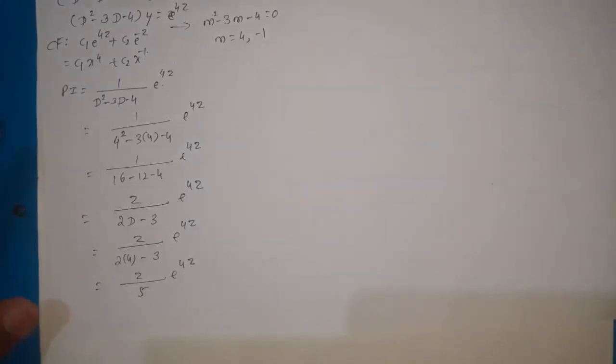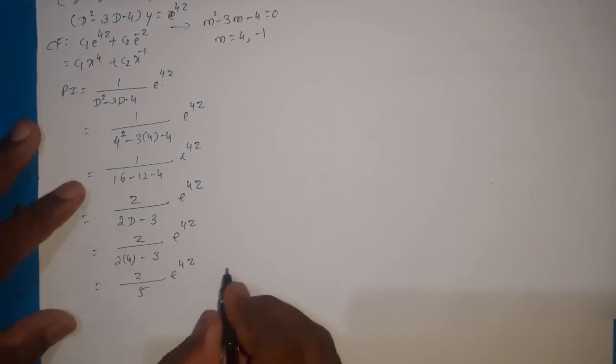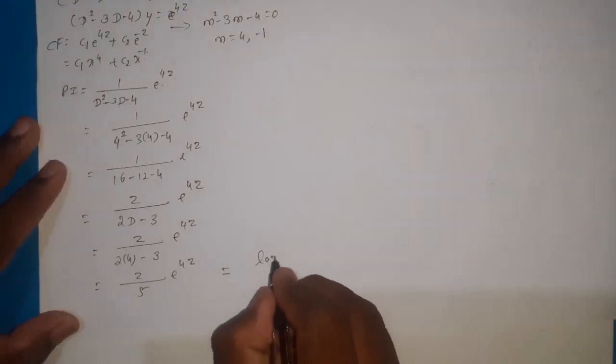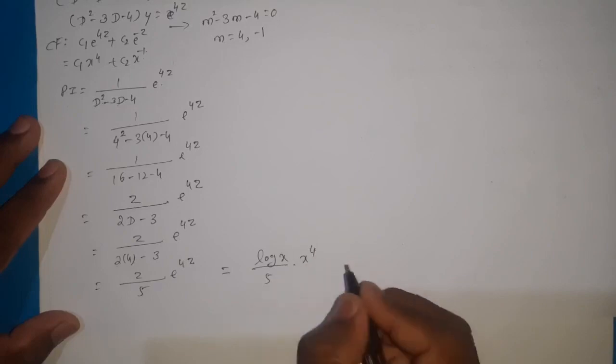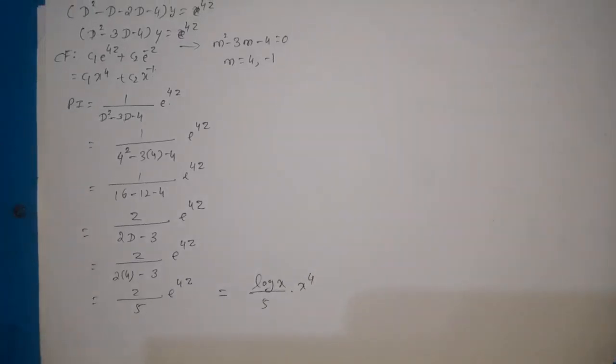Then after getting the answer, we need to replace z by log x and e power 4z by x power 4. So therefore its answer is log x divided by 5 into x power 4. That is the required particular integral.